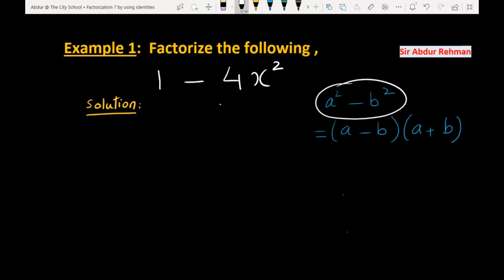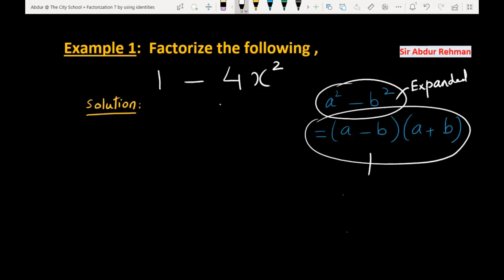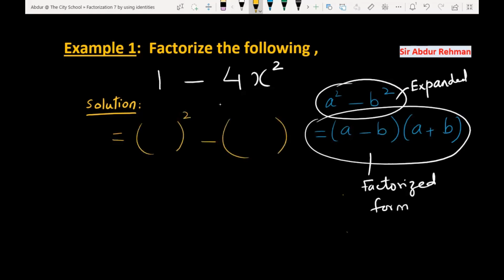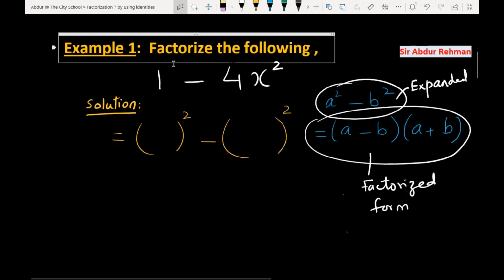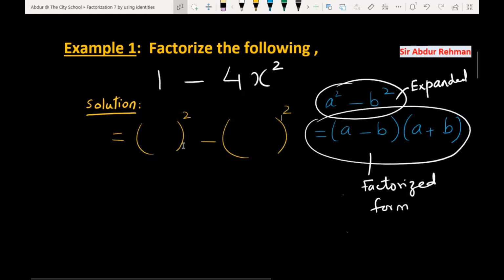This is the expanded form, and this is the factorized form. The first step to factorize 1 minus 4x square is to write 2 empty brackets with square, and try to fit the first term and second term in these brackets.